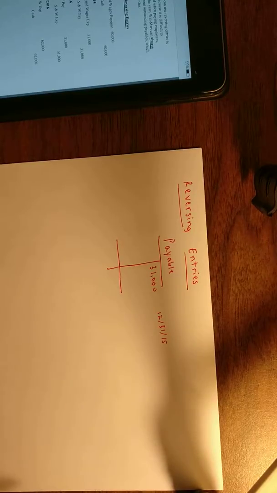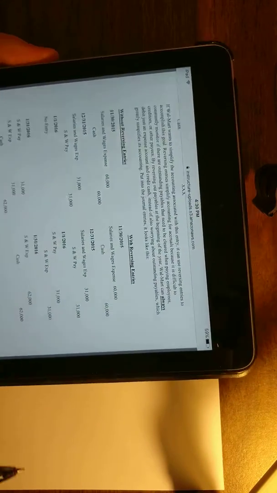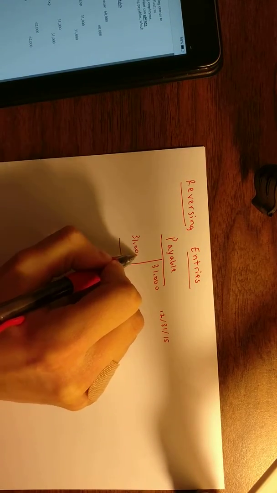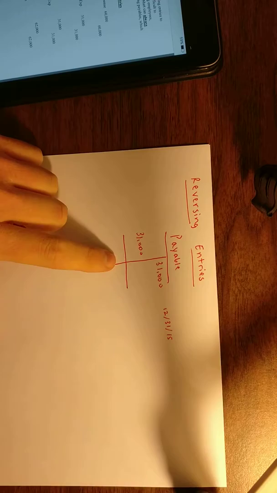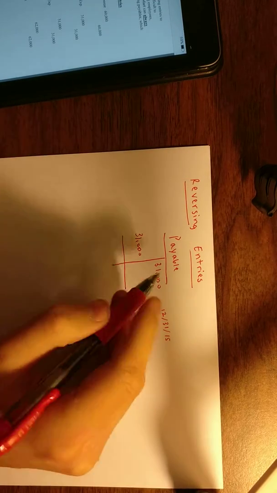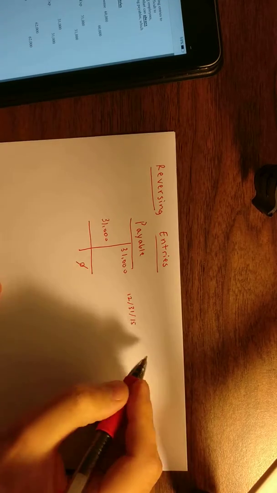And so until we debit off $31,000, that's going to be sitting there, right? So as you can see from the journal entry on 1/1, it debits salaries and wages payable for $31,000, right? So now we have a zero balance in salaries and wages payable. So we've taken off the payable, okay?